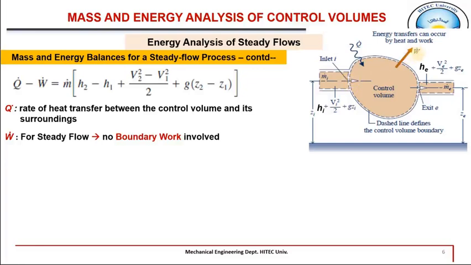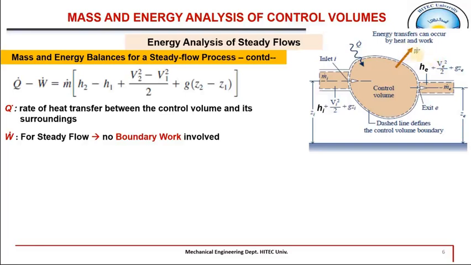What we learned in chapter 4 is that boundary work means whenever there is work done and the boundary itself is moving. This work would change the fluid properties at the boundaries. Moving boundary work simply means that thermodynamic properties like pressure, volume, velocity or temperature would be changing at the system boundaries. That's why this work is not boundary work if it is a steady flow system.